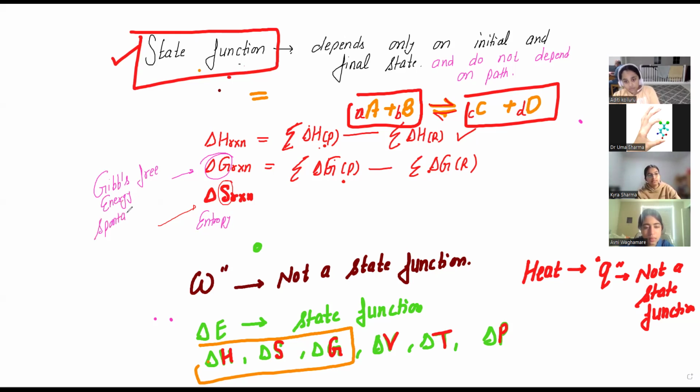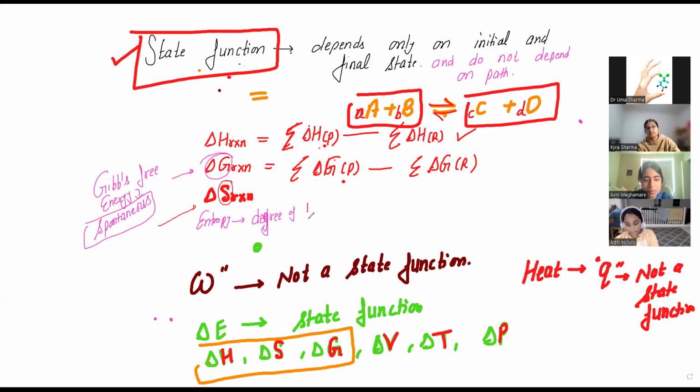I spent a complete hour on this, whether the reaction is spontaneous or non-spontaneous. Entropy is going to tell you the degree of freedom. I gave you plenty of examples. Degree of freedom, randomness, measure of randomness.